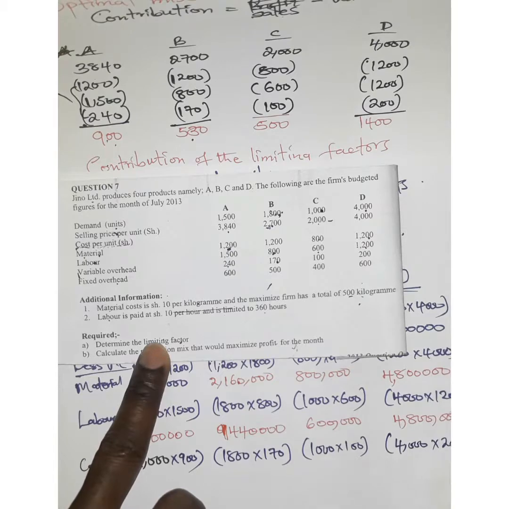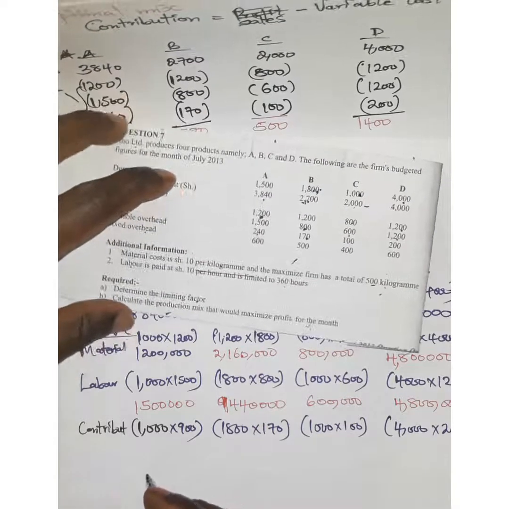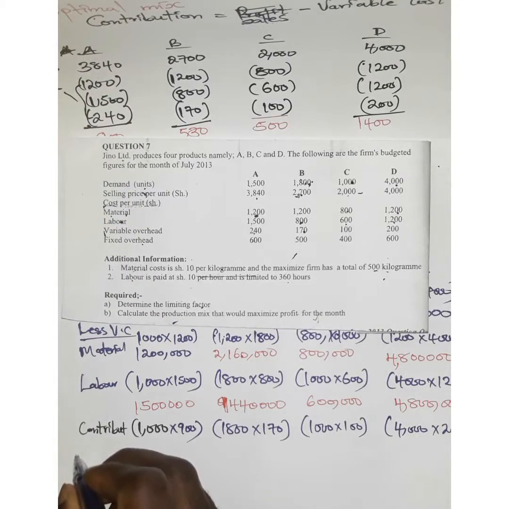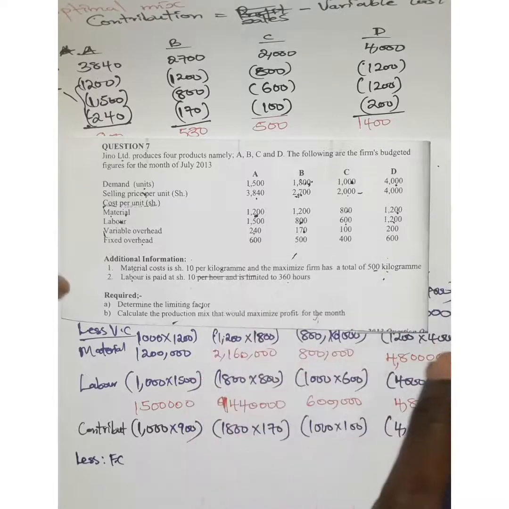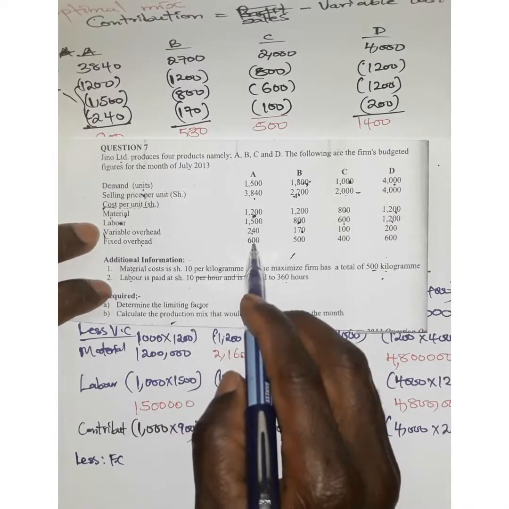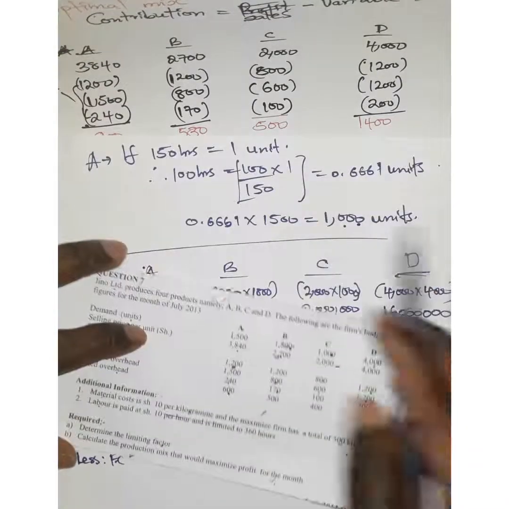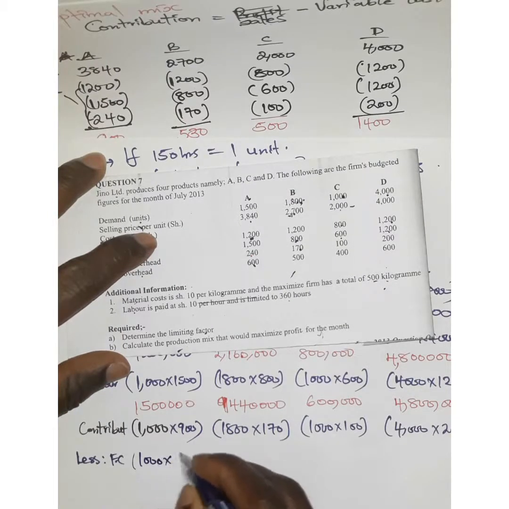Then we now less the fixed cost, and our fixed cost is 600 for A, but now the units required for A is 1000, so it's supposed to be 1000 times 600.